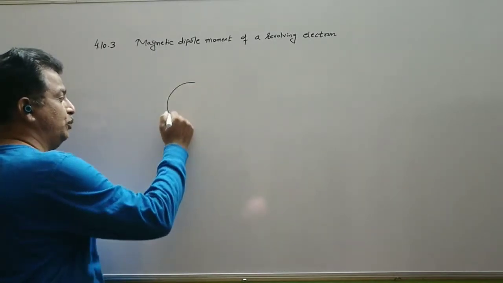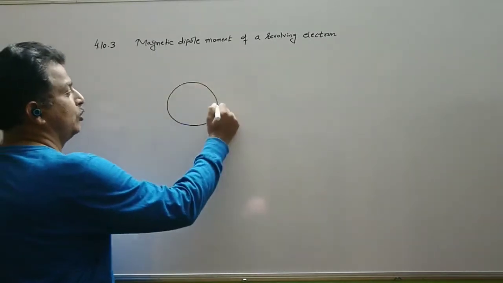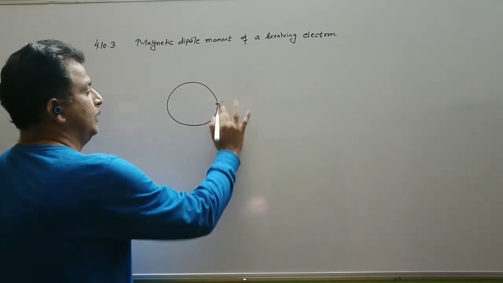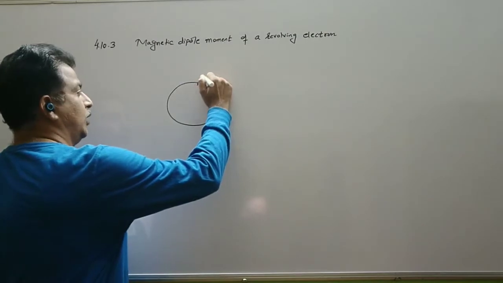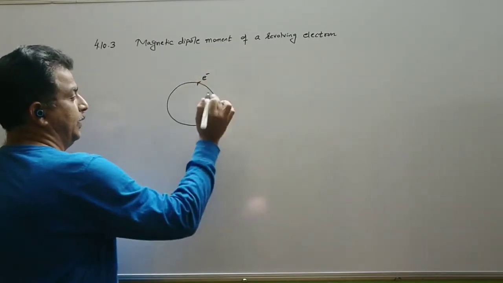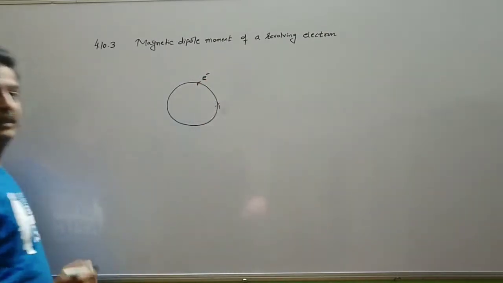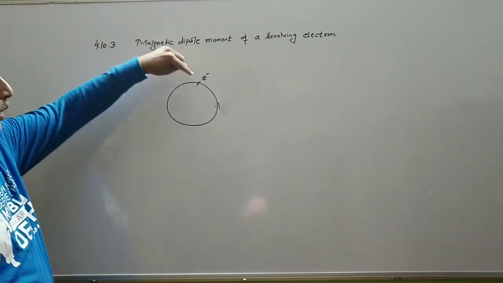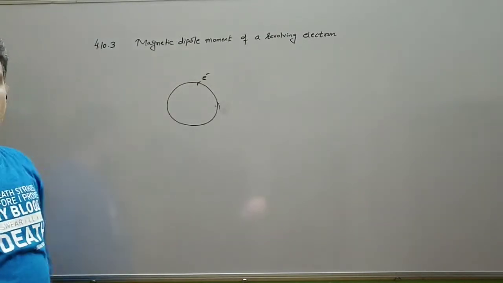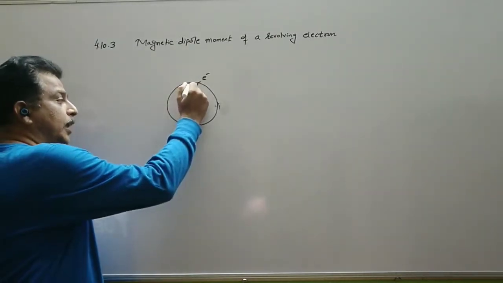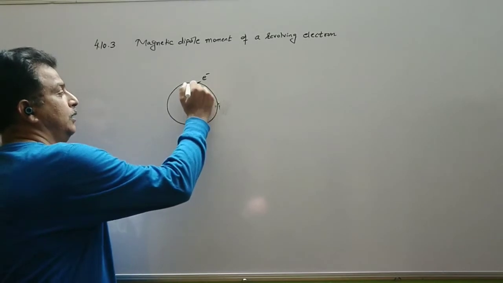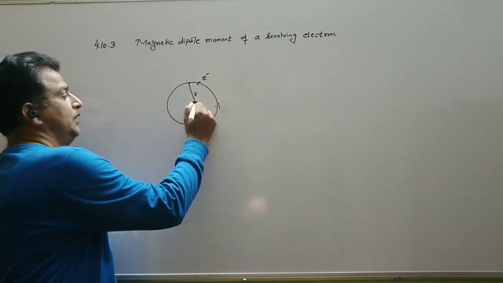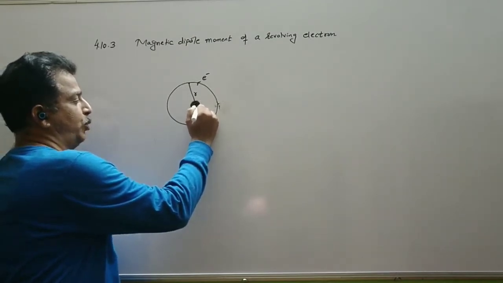So let us assume that an electron is revolving in a circular orbit, and the direction of the electron is anti-clockwise. Let r be the orbital radius, and we assume that there is a nucleus which is positively charged.